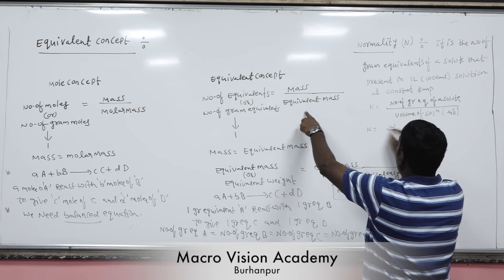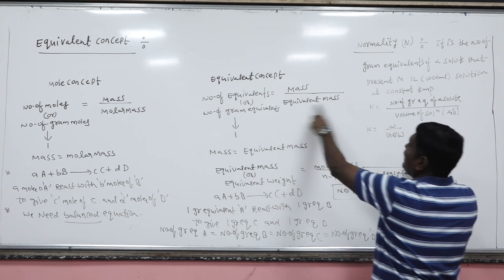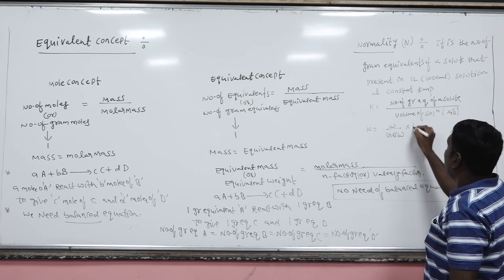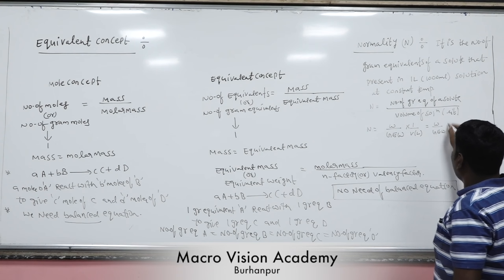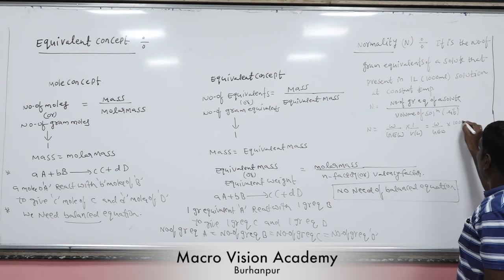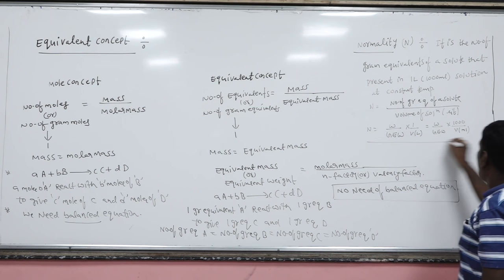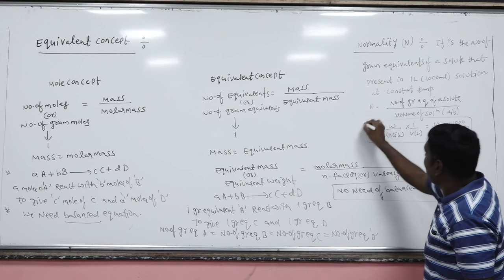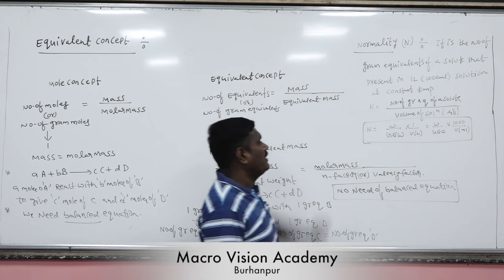Mass upon gram equivalent mass, into 1 by volume in liters. Otherwise, if the volume is given in milliliters, then we have 1000 by volume in milliliters. So this is the formula to calculate the normality of a given solution.